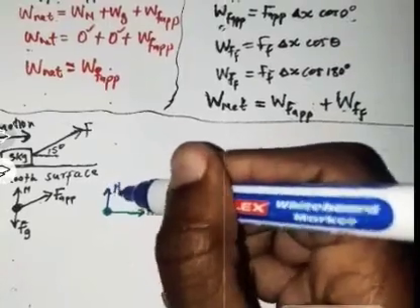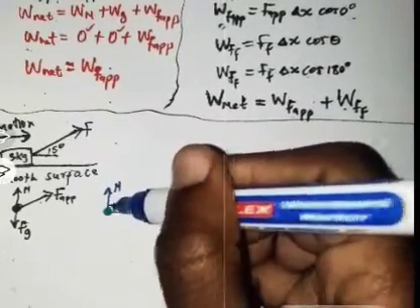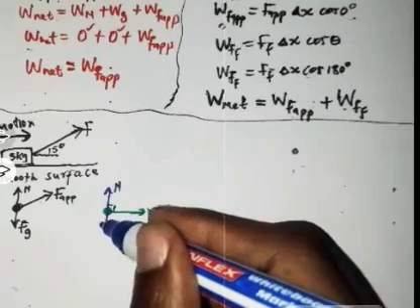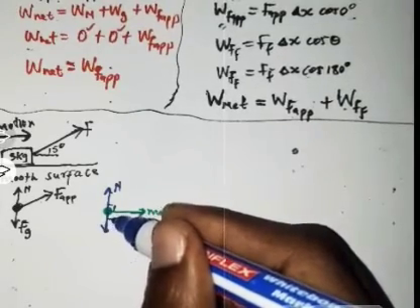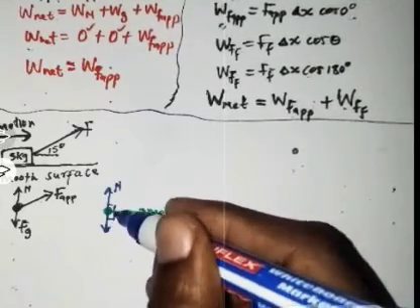We don't include it in the net work. Gravity is also giving us 90, so we don't include it.